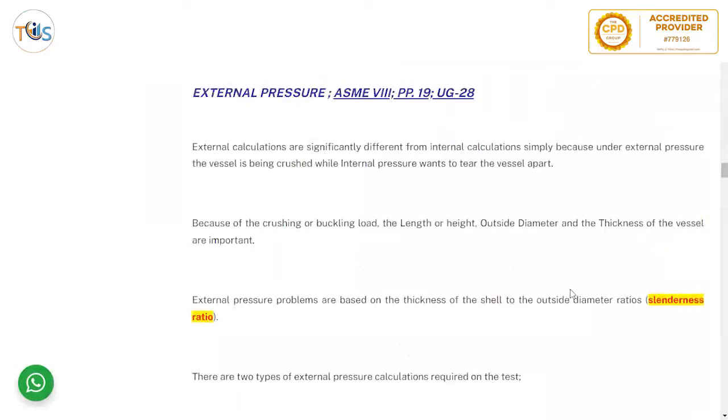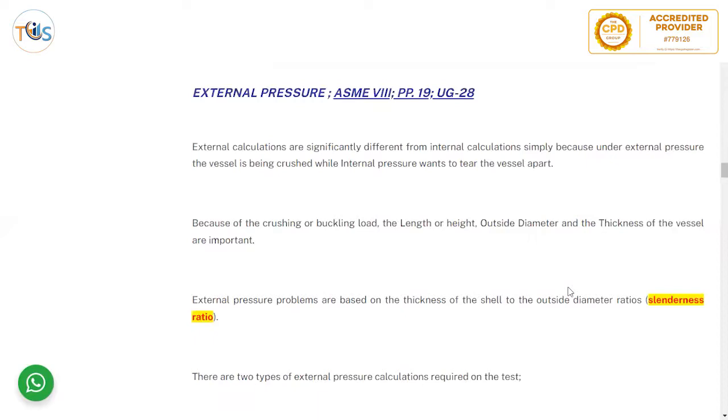Now, external pressure, UG-28. This calculation for external pressure is significantly different from the internal calculation, simply because under external pressure the vessel is being crushed, while internal pressure wants to tear the vessel apart.